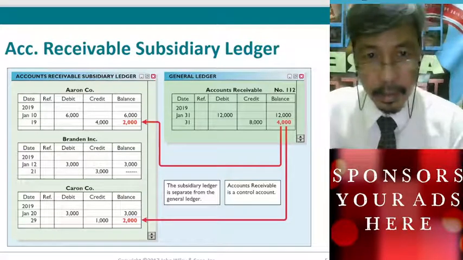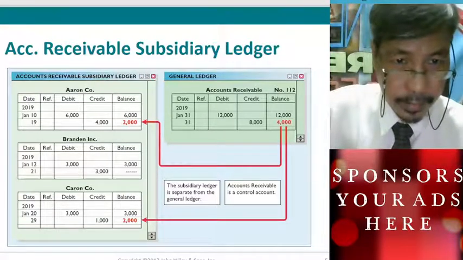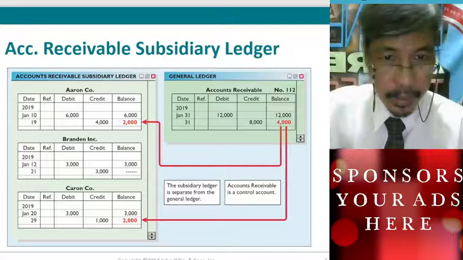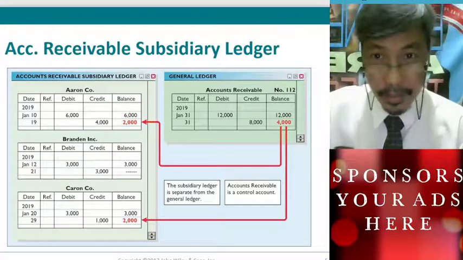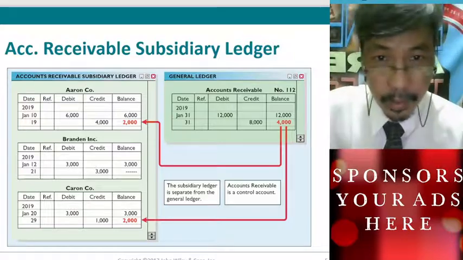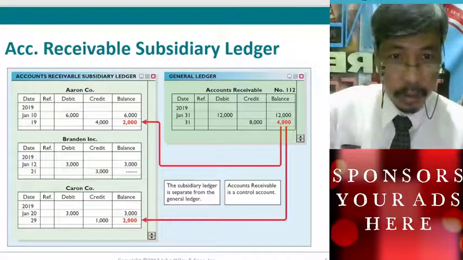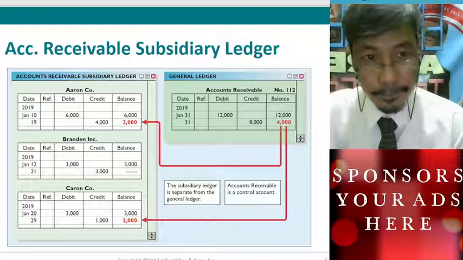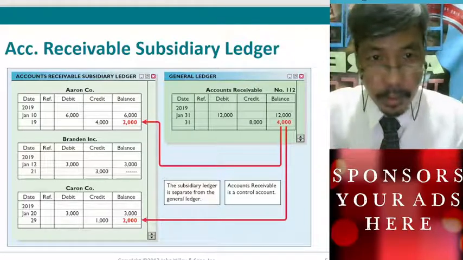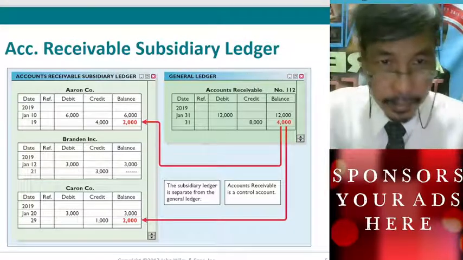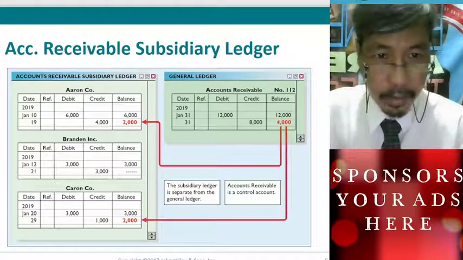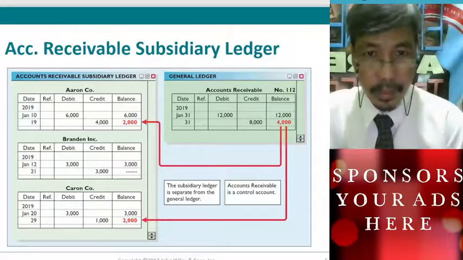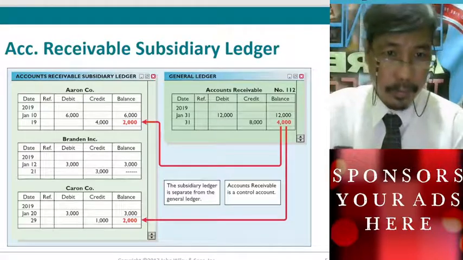That is now the total balance. Subsidiary ledger is separate from the general ledger. Different, separate. You can notice the general ledger is a total. Accounts receivable is a control account.